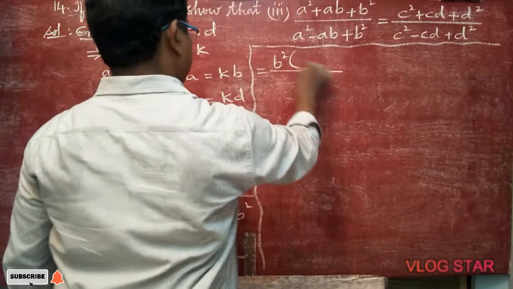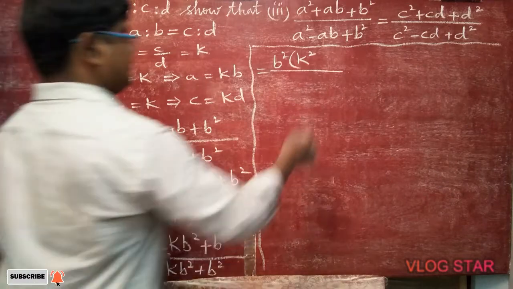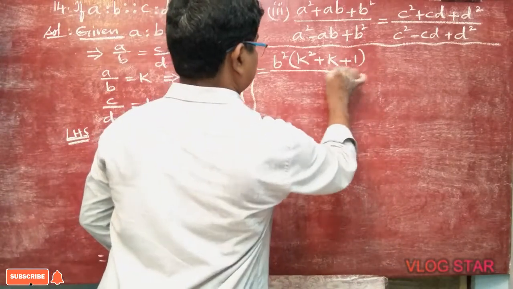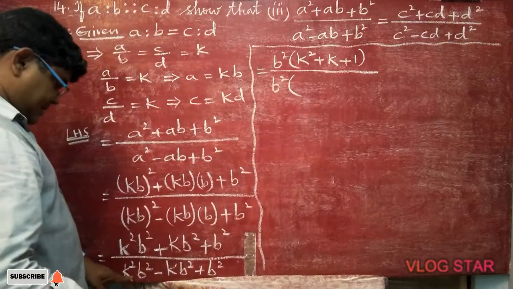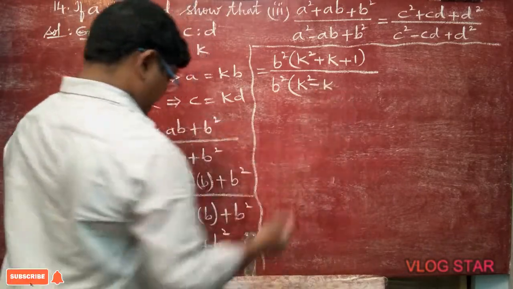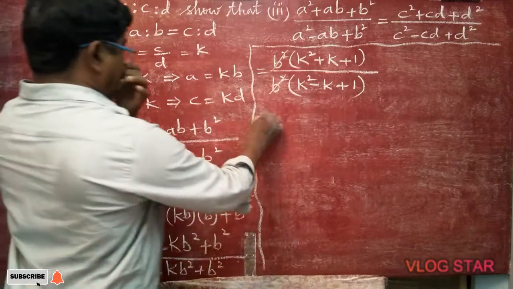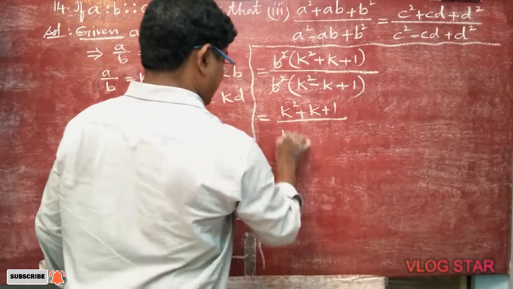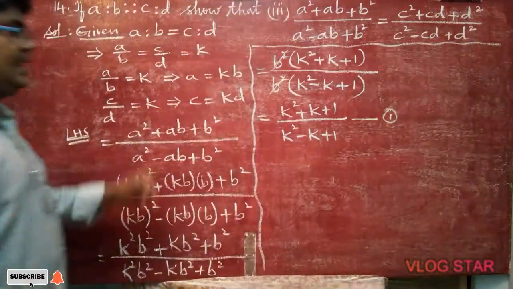If you are taking B square common, here K square is left, plus K is left. Here nothing is there, means plus 1 is left. Next, denominator. B square you are taking common again. Here K square will be left, minus K plus 1. B square gets cancelled. What is the answer you got? K square plus K plus 1 by K square minus K plus 1. This is number 1, LHS answer.